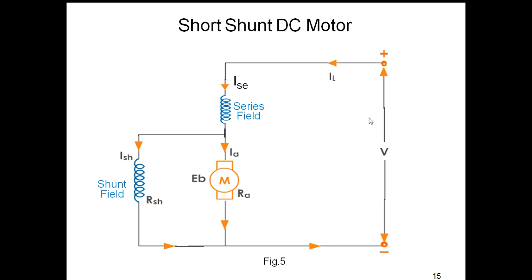And if we write KVL in this loop, then V is equal to ISC RSC plus IA RA plus EB.